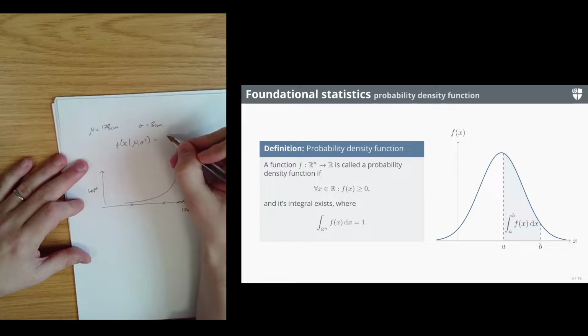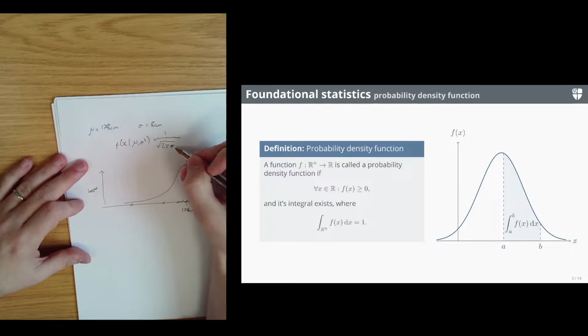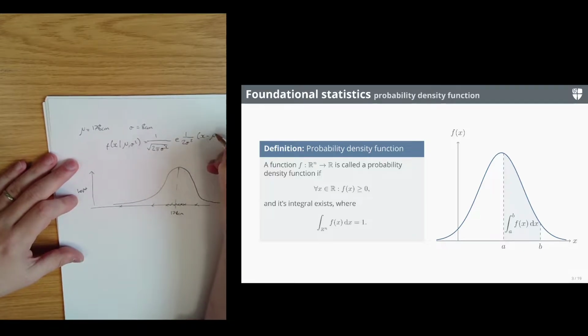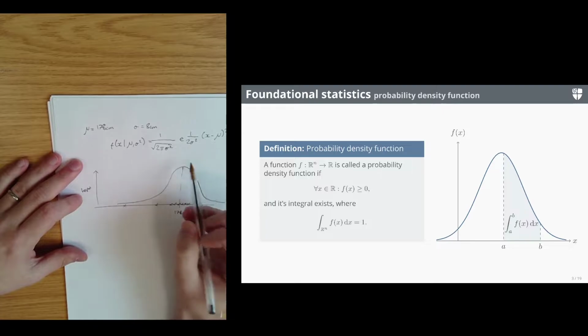We have this normalizing constant which ensures it integrates to 1, which you can get off Wikipedia, but it's 1 over the square root of 2 pi sigma squared. Then we have the exponent of minus 1 over 2 sigma squared, and then we shift x by the mean. So that's the definition of the normal distribution.